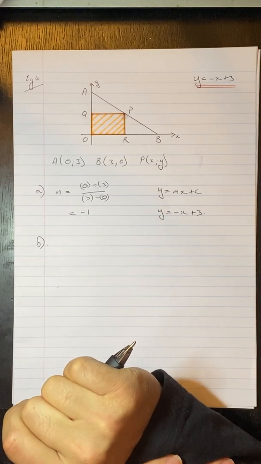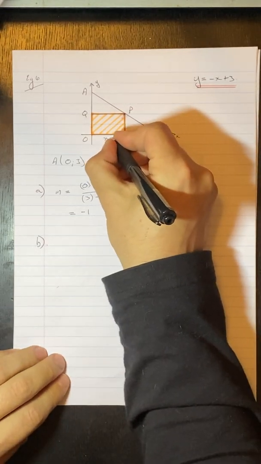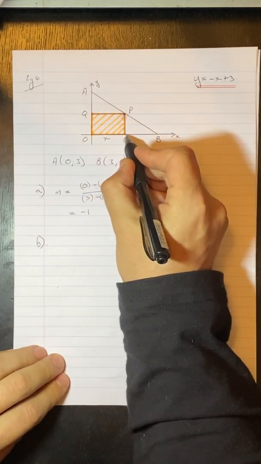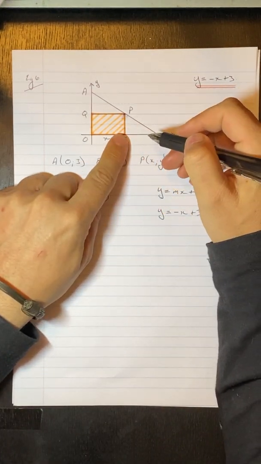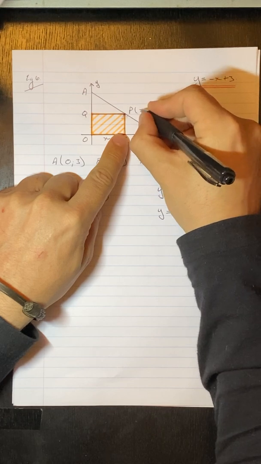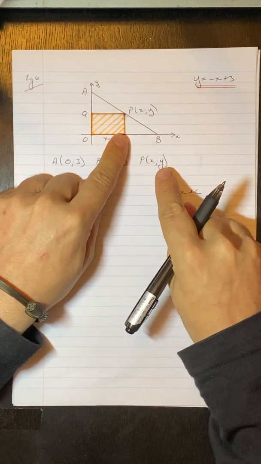We're going to choose whatever x value it is, some x value along here. Now, if our x value is along here, then P will have the coordinate (x,y), right? We said that earlier. But what is our y value?